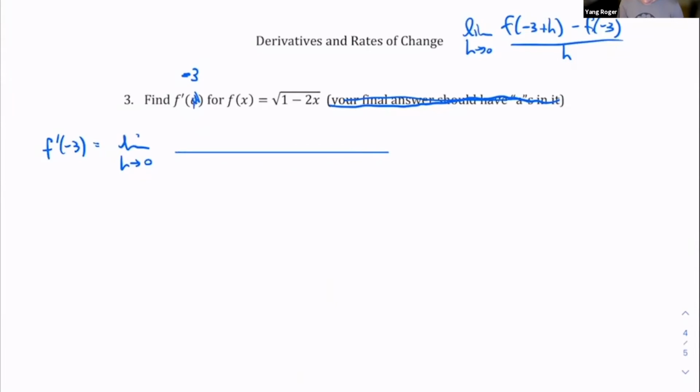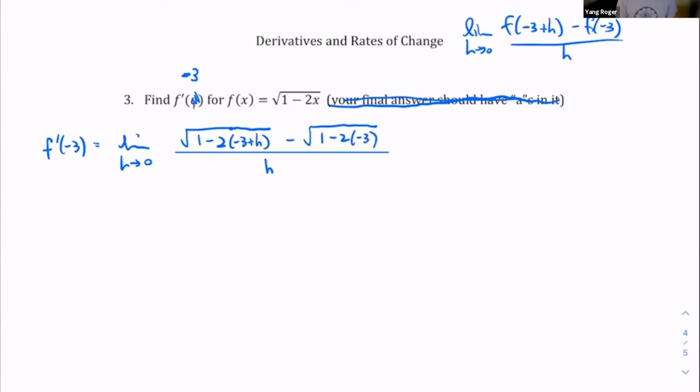On the bottom, you're definitely going to have an H. On the top, we're going to have the square root of 1 minus 2 times -3 plus H, minus the square root of 1 minus 2 times -3, like this.